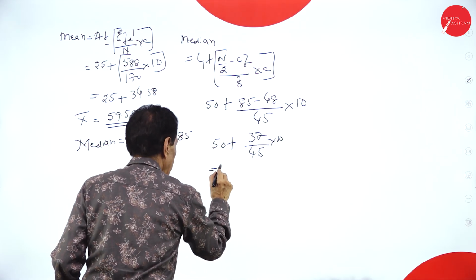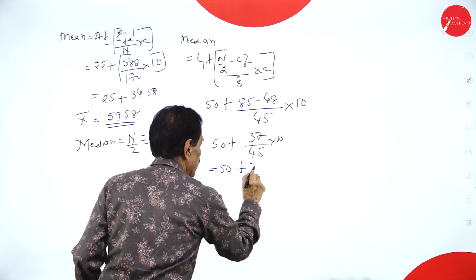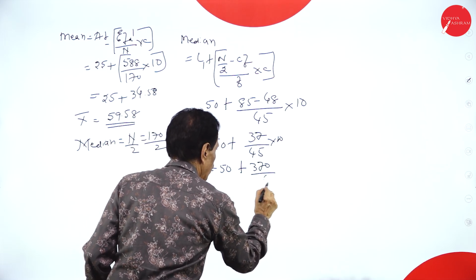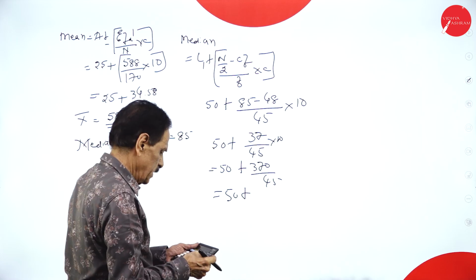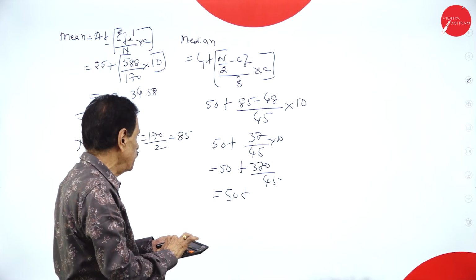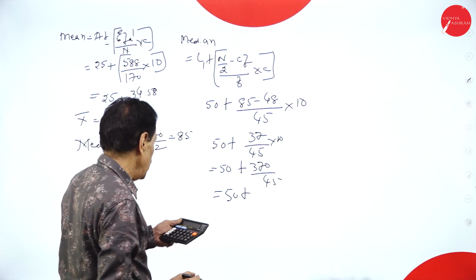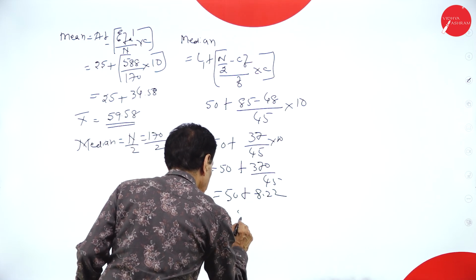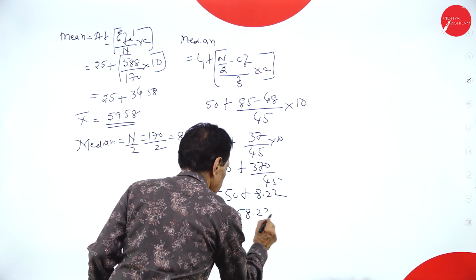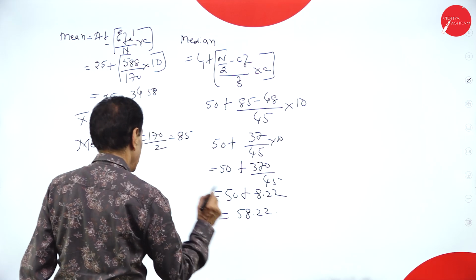This is 50 plus 370 divided by 45, 8.22. 58.22. This is your median.